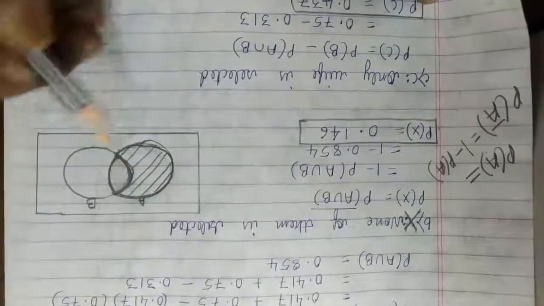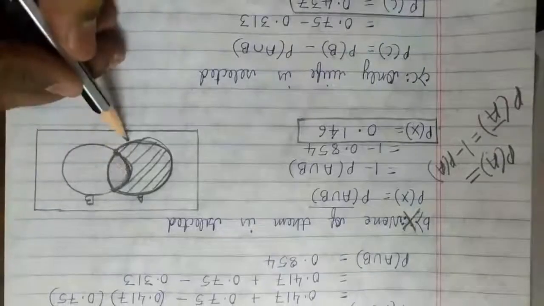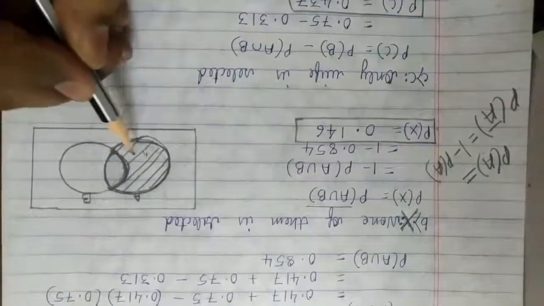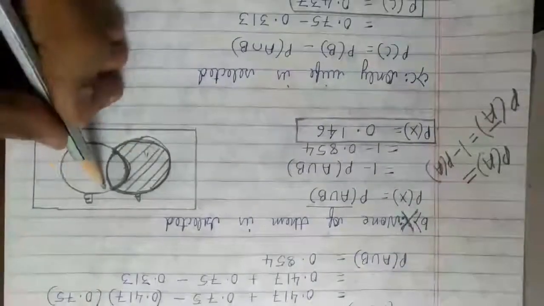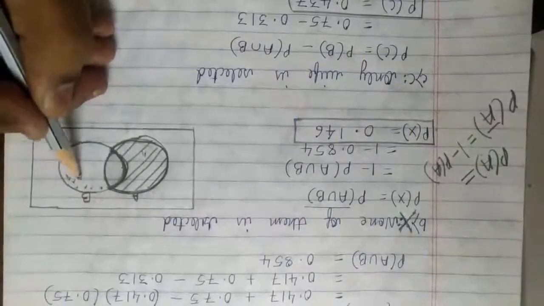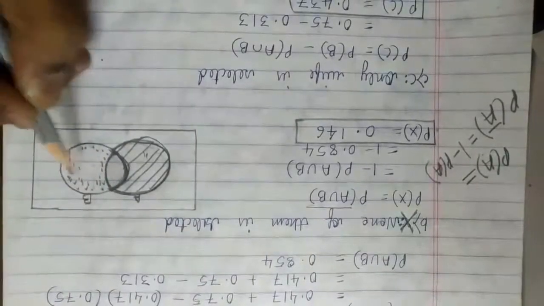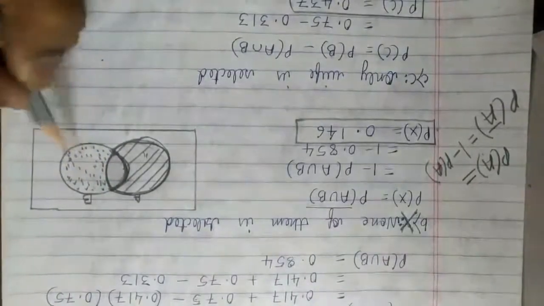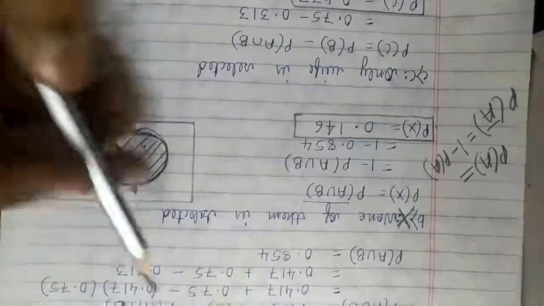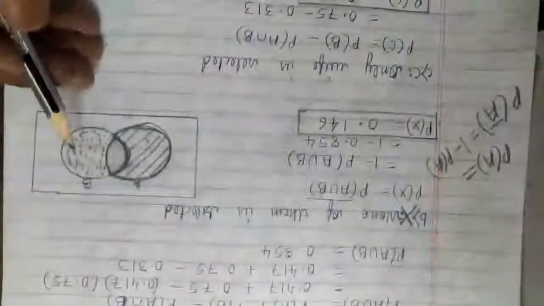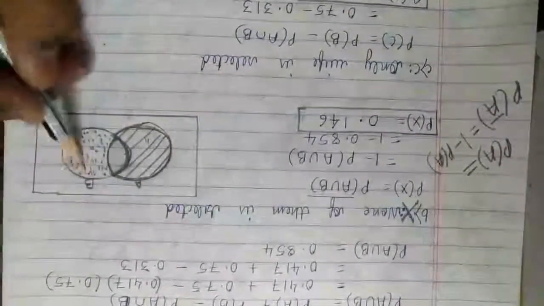Now this part is only A happening, that is, only the husband is selected. This dotted part which I am putting here means only B is happening. What is B? B means the wife is selected here. So only the wife being selected is shown by dots.